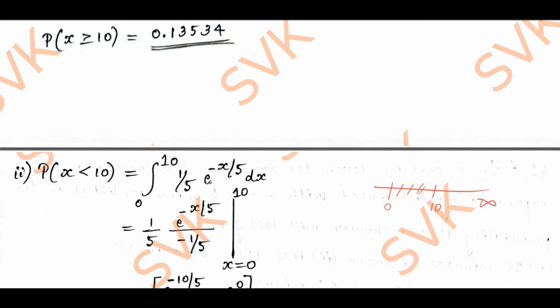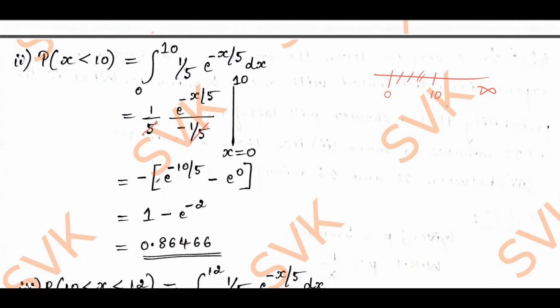As I did in the previous problem, in the same manner it will be e power minus x by 5 divided by minus 1 by 5. The 5 gets cancelled. Substitute the limits. You are going to get minus of e power minus 10 by 5 minus e power 0. And e power 0 value is 1.